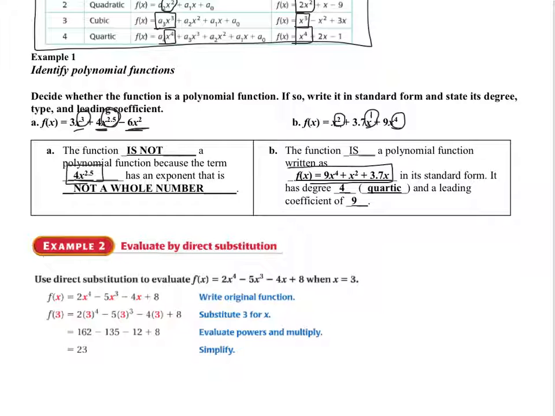It's written in standard form, so it goes from greatest to least: the fourth power first, the second power second, and the first power last. It has a degree of 4 because that's its biggest power, which is called a quartic, and the leading coefficient, the coefficient of the term that has the degree, is 9.